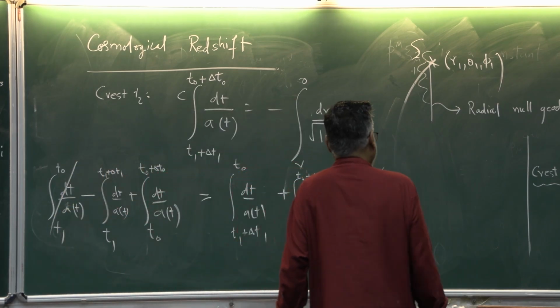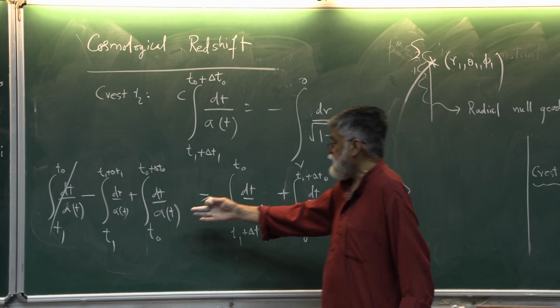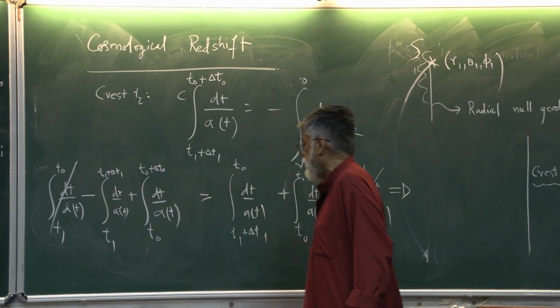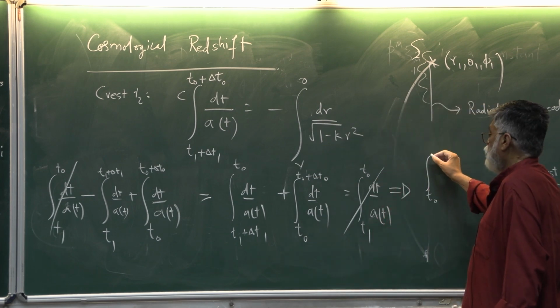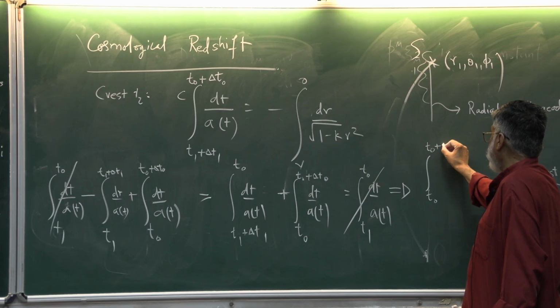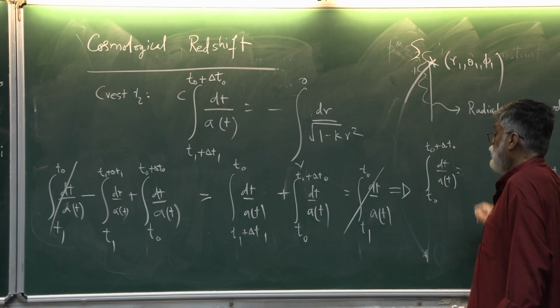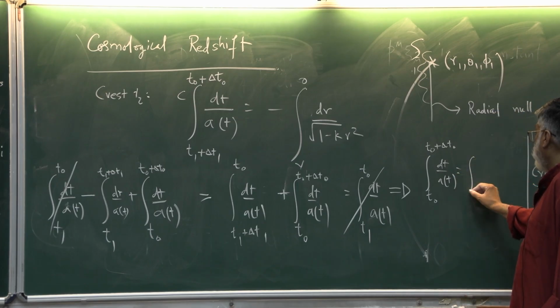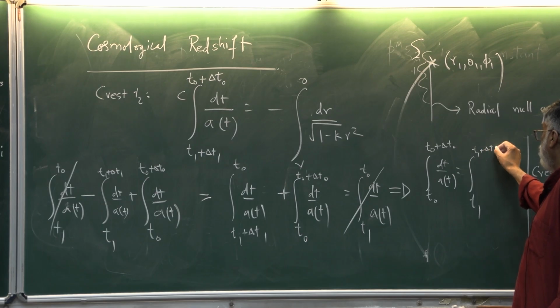What is the final result we have got? We have got the result that this is the same as this, because there is a minus sign. The integral from T0 to T0 plus delta T0 of dt by A of t is equal to the integral from T1 to T1 plus delta T1 of dt by A of t.